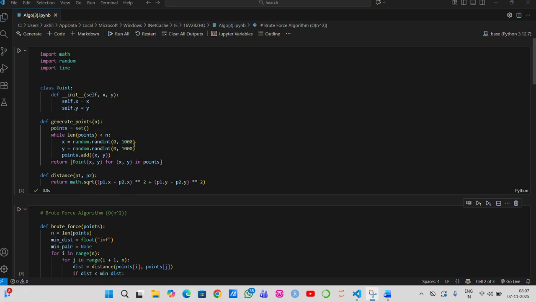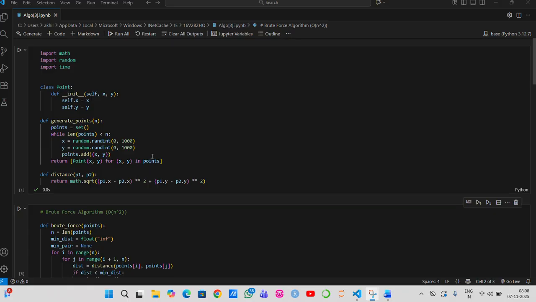I use Python's built-in random module and store the points as objects inside a list. To keep it consistent, I generated the random set once and then used a copy of the same dataset for both algorithms. That way, any difference in performance comes purely from the algorithm's logic, not the data.